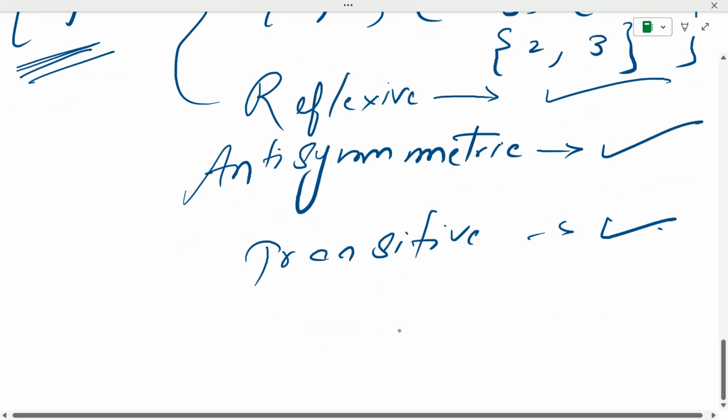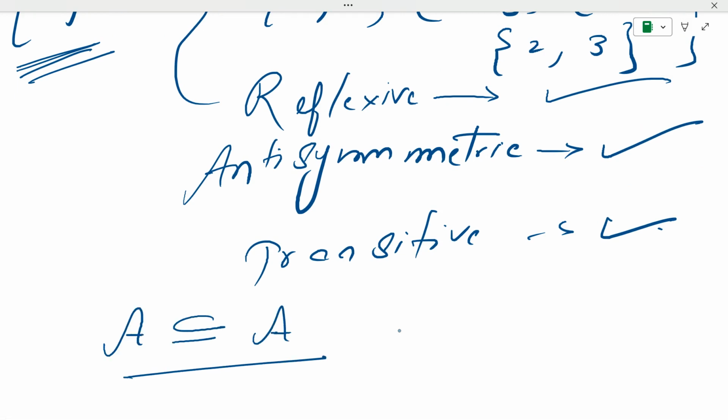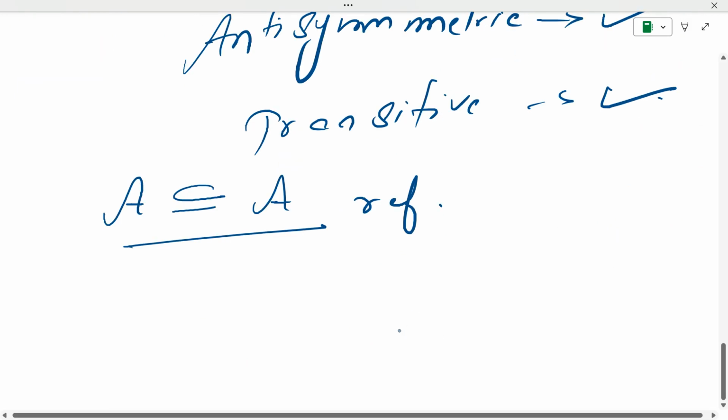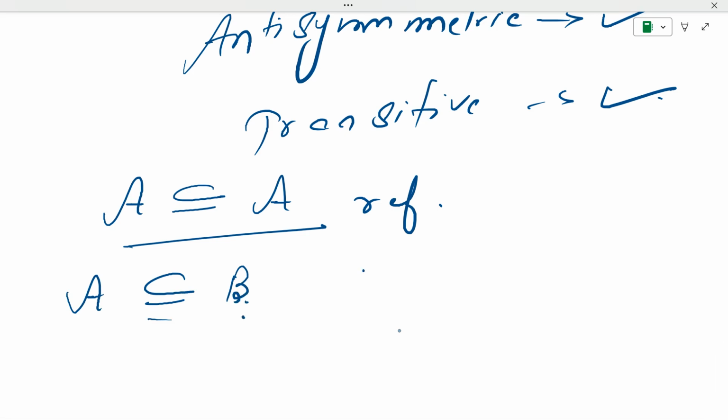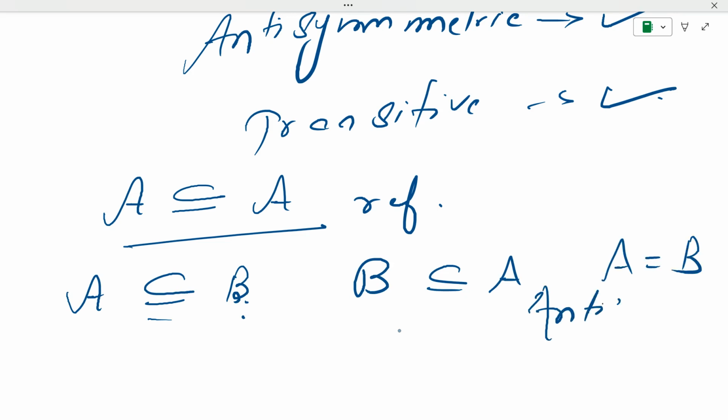For reflexivity, we see that A is a subset of A, correct? So it is reflexive. If A is a subset of B, and B is also a subset of A, then definitely A has to be equal to B. So it is antisymmetric as well.